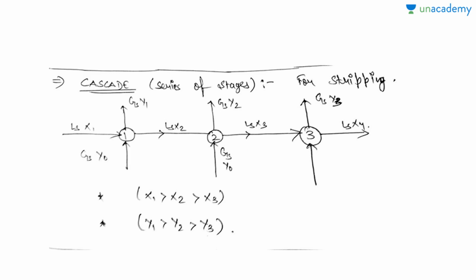Similarly on stage 2, when you apply the balance, LSX2 is entering, GSY0 is entering, and the leaving streams are Y2 and X3. We know that whenever we consider something as a stage, the leaving streams are in equilibrium. So there will be an equilibrium relation between Y and X here, here also, and here also.